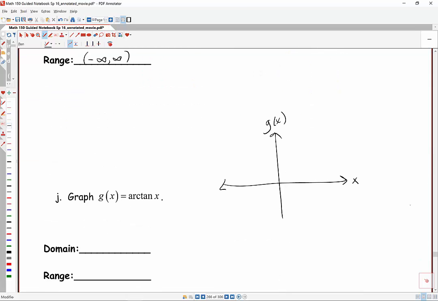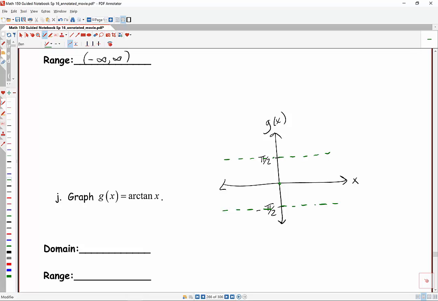So we'll have negative pi over 2 and pi over 2 on the range. Sorry about the dots. So these will be horizontal asymptotes. And then our graph will have an ordered pair at (0, 0), right?